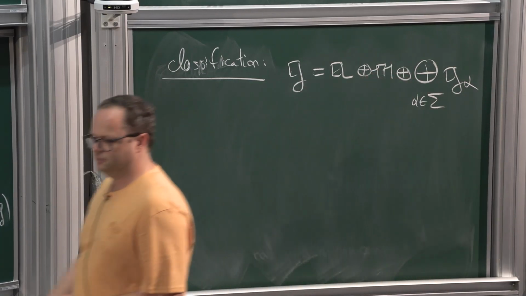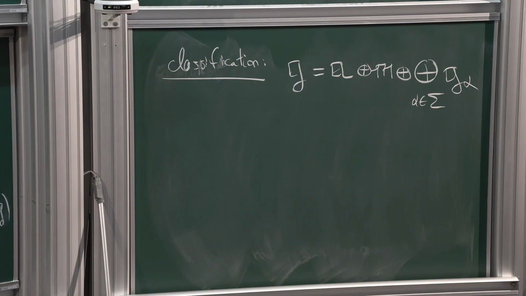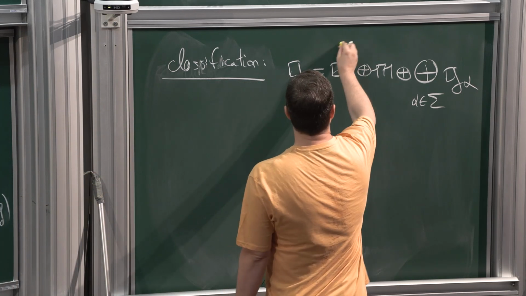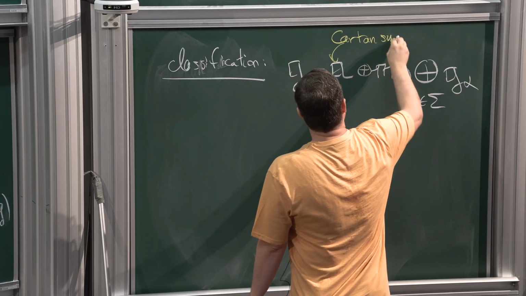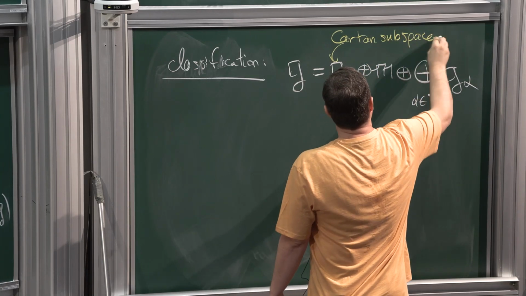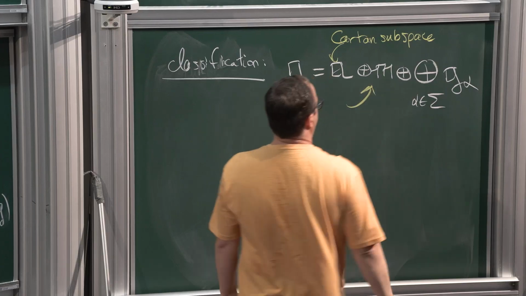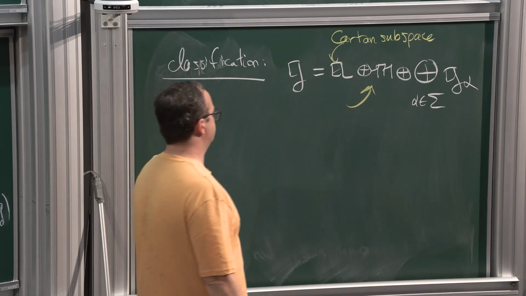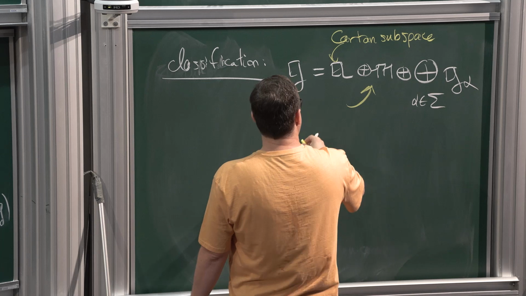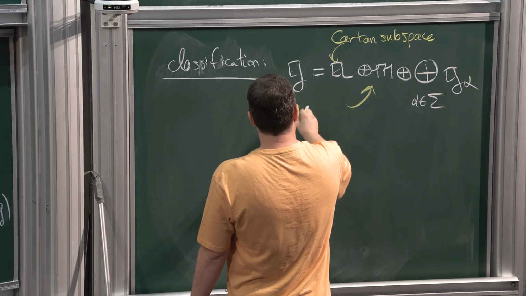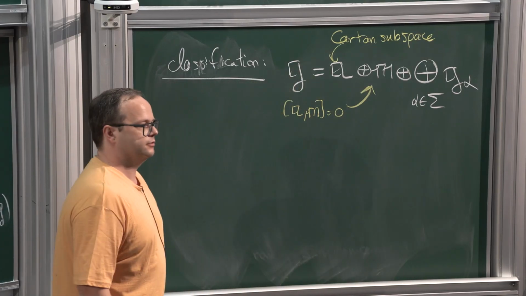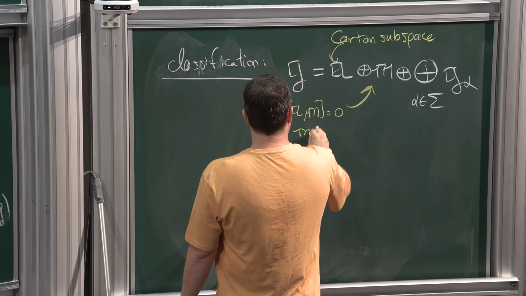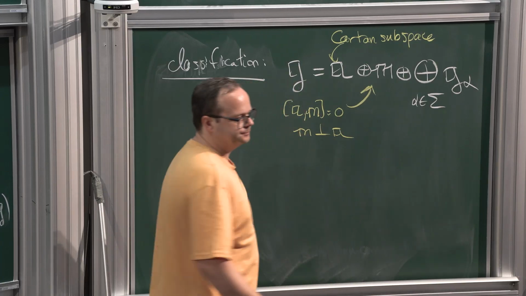And I have to say what these things are. So A will be a Cartan subspace, or like the Lie algebra of a maximal split torus. M will be the zero eigenspace. It's defined by the fact that it commutes with M and that it's orthogonal to A for the Killing form.